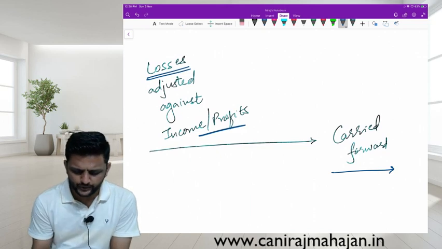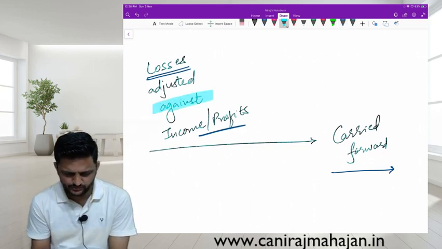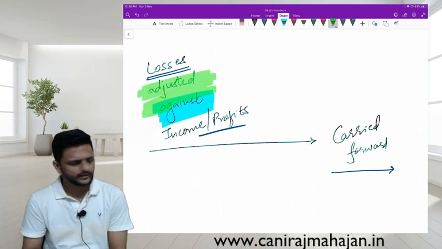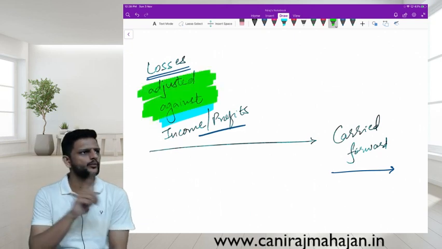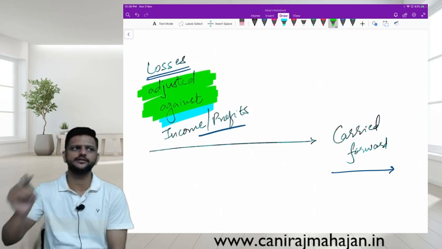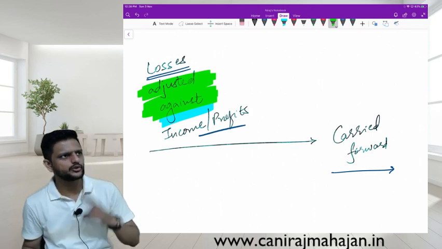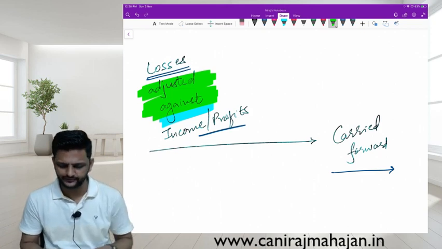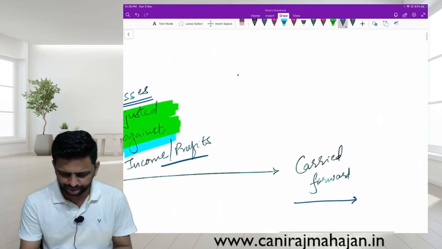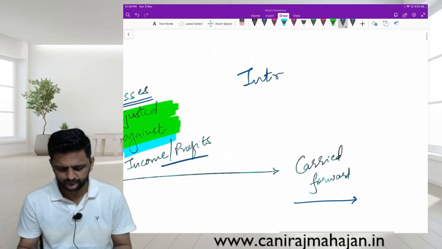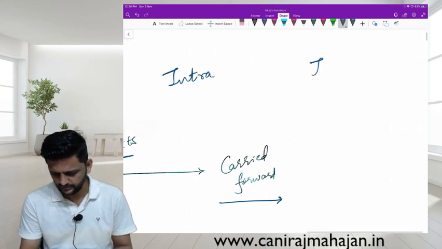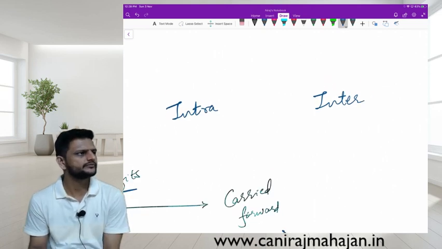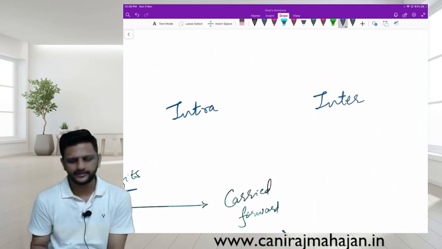So there are only two important things. This adjustment, where all it can happen. Income wise you have to understand which loss can be adjusted against which income. So two important things you have to understand are intra and inter. Have you heard these words before?